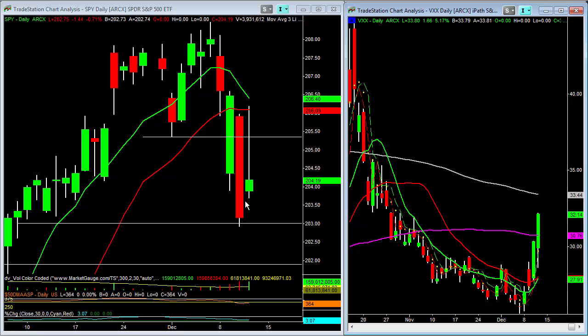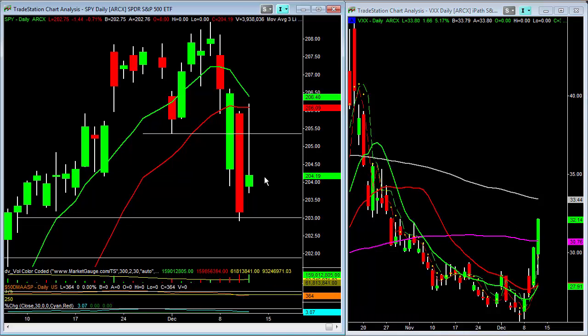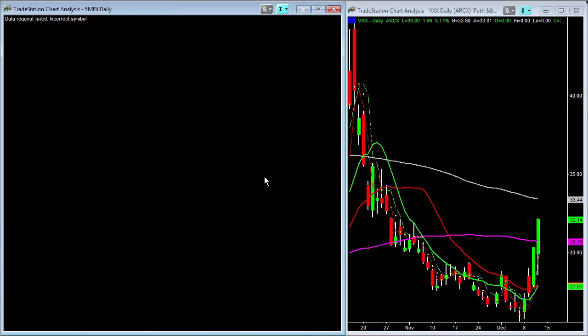So when the market rises, as long as the market isn't convinced that now it's time to go back to new highs, there's a good chance VIX is going to remain high for at least a day or two. So it gives you extra time to be short the market without risking as much of getting stopped out. So let's take a look at the intraday action here, and you can see how this worked out as well.